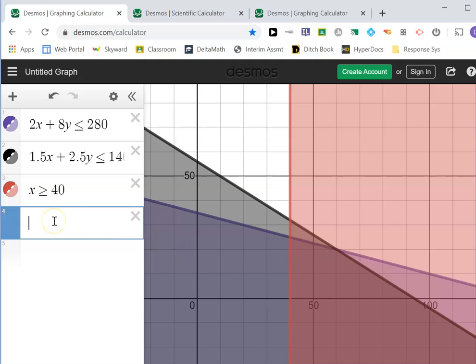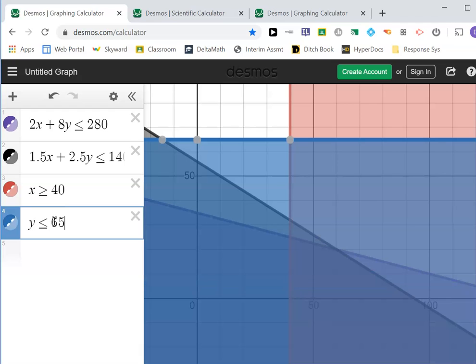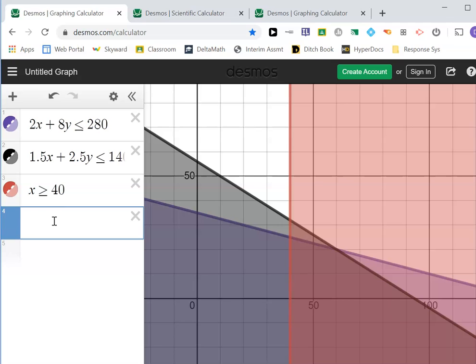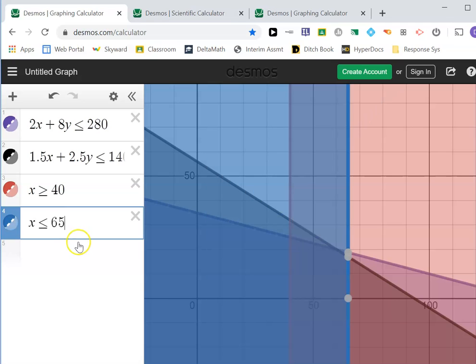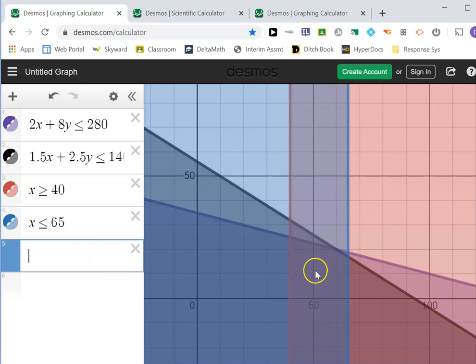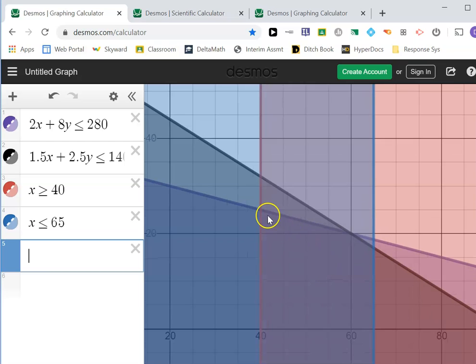But what if somebody else says, hey, wait, but we also need to make sure we do less than or equal to 65 chairs. Oops, got that wrong. Okay. So now we've got more shading in here, but this sweet spot right in here is the place where we could have all these different combinations of chairs and desks that you could manufacture.